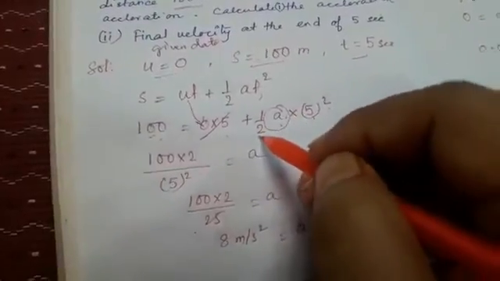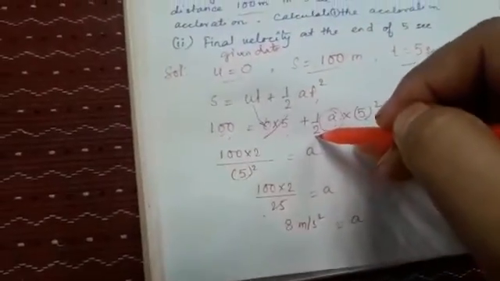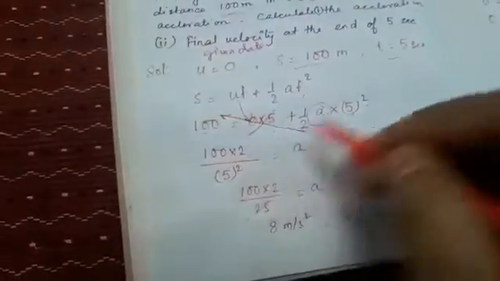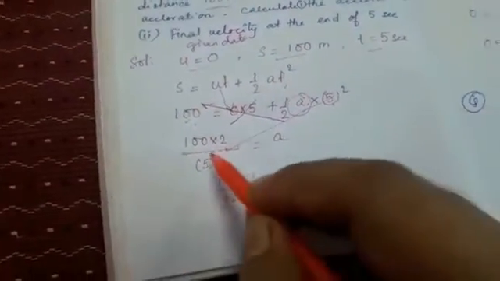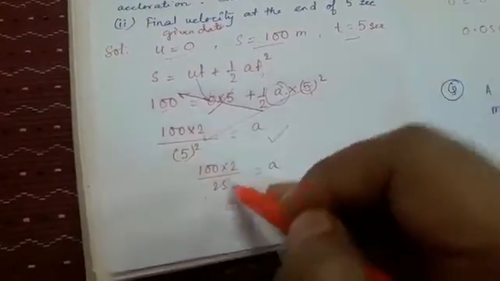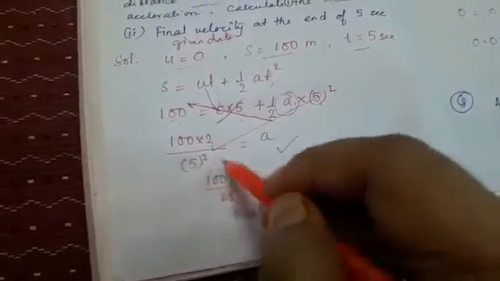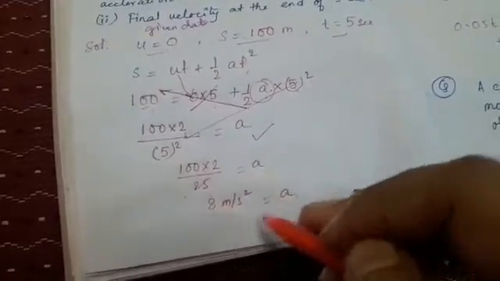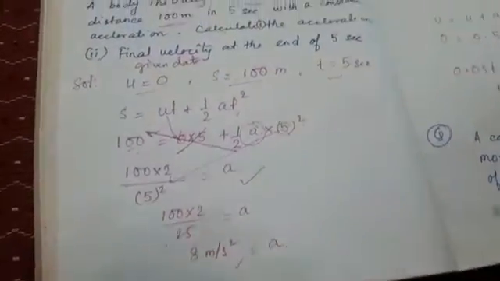To get a, simply do cross multiplication: you bring this 2 up, and you bring this 5² down. So 100 × 2 / 5² will give you the required acceleration. Now 100 × 2 / 5² is 8, so a = 8 meter per second squared is the acceleration of the body.